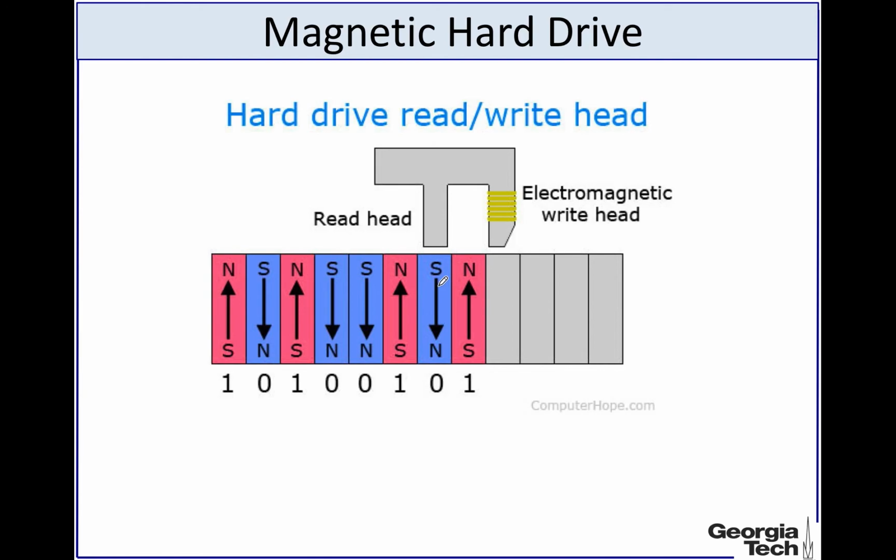So either way, there are a lot of details as to how the read is done. But for now, what we need to know is that you can either sense the magnetic field of the domain, or you can use a phenomenon called GMR, giant magnetoresistance, to read this. Okay. Another important thing is that the same head is used for read and write.